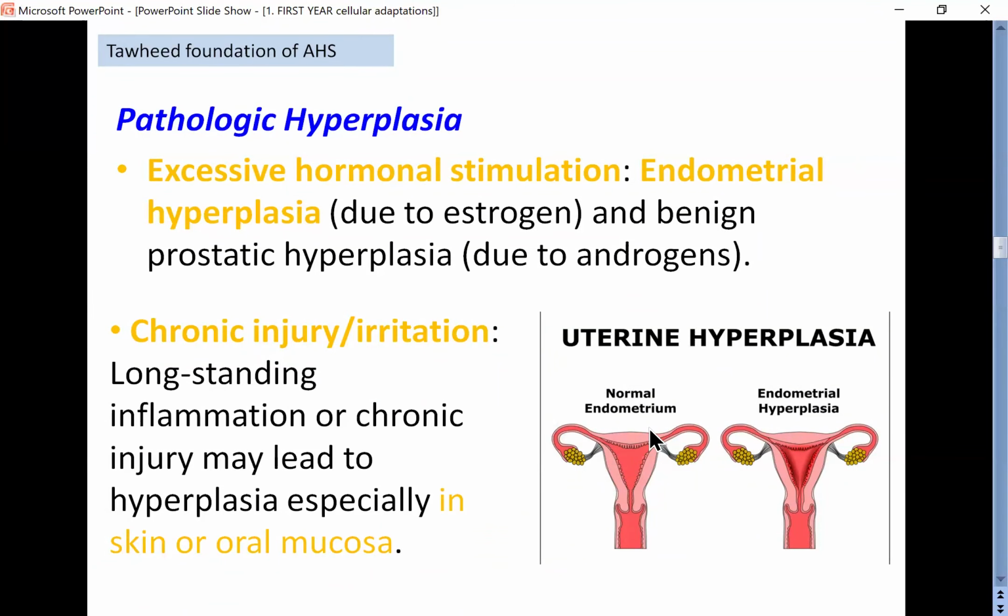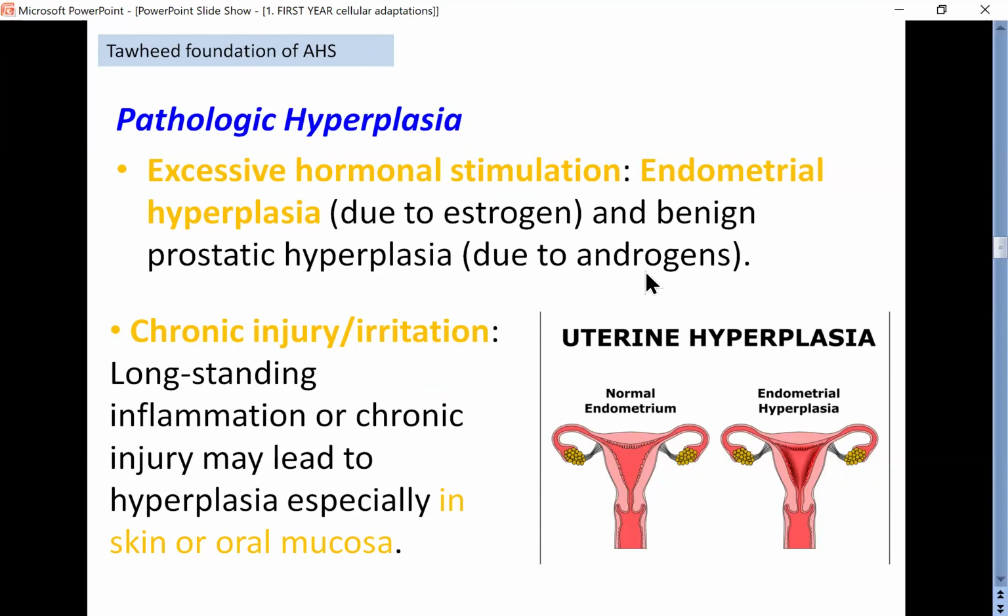If the hormonal stimulation is excessive, you can see a thick lining in the endometrium. This means the cells are increasing in number. This condition is called endometrial hyperplasia, which may become endometrial cancer in future in that patient. That is an example of pathological hyperplasia.